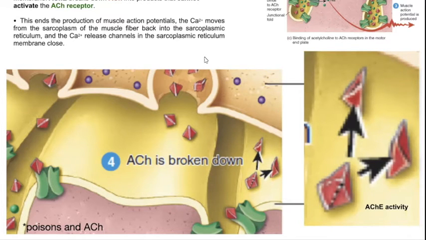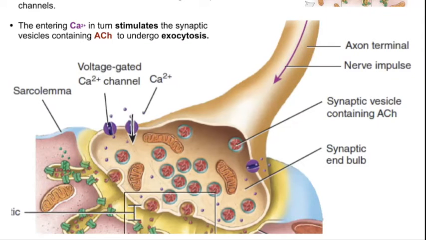What does that do? It paralyzes the muscle. What Botox does, the botulism toxin, is block the release. It blocks this exocytosis event, and that way the muscle is paralyzed. It doesn't get any input from the motor neuron. So that's one way this drug works. It blocks the release of neurotransmitter.